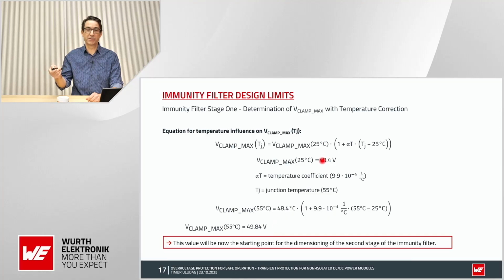If you check this here, this is the 25 degrees value. There is a pretty big difference between these two voltages, meaning the temperature has a very big impact on the clamping voltage, meaning the voltage at which the maximum clamping is done. This value will now be the starting point for dimensioning our second stage, the LC filter.